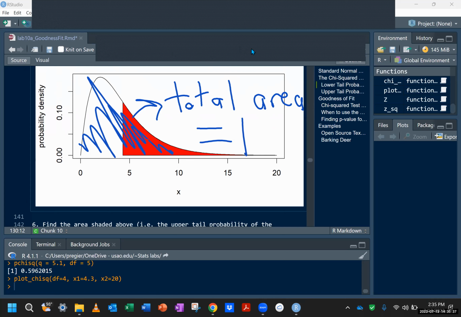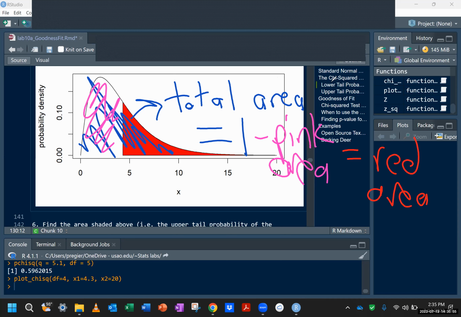So if I take 1 minus, say, the pink area, that'll give me the red area. 1 minus pink area will equal the red area.